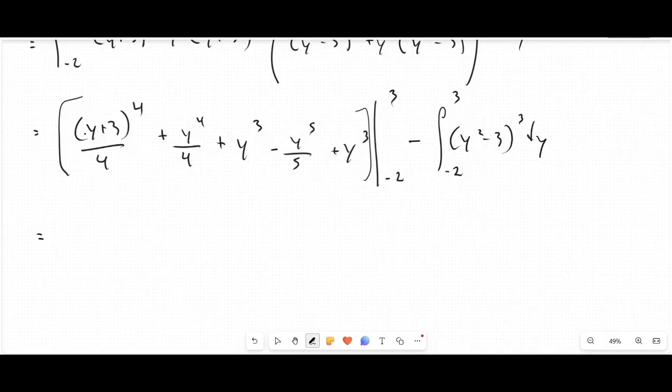Well, we can just do it. 3 plus 3 is 6, to the 4 is 1296, 216. This is no. I think it's not worth doing out. One second, I'm just going to use a calculator.